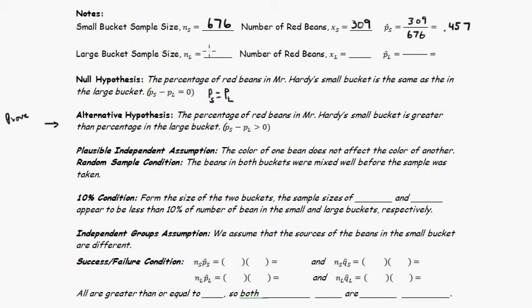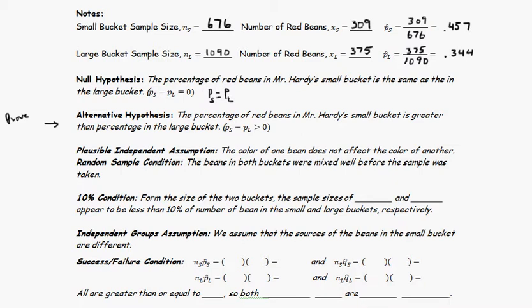Now in the large bucket, we ended up taking 1,090 beans, and of them 375 were red. So we have 375 divided by 1090, and that gave 0.344. So already we can see a pretty big difference. But the point behind a hypotheses test is we have to rule out that this difference is due to variability, because it could have been.